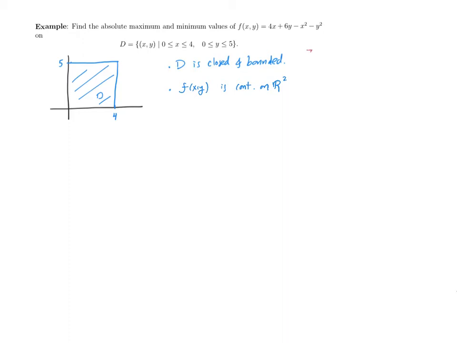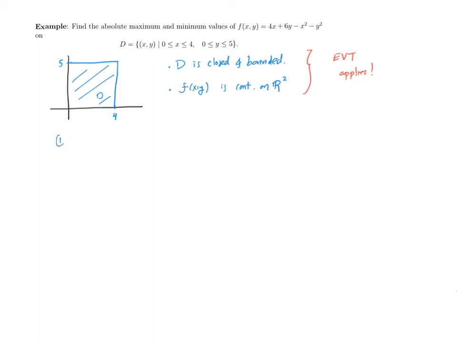And the fact that D is closed and bounded and f is continuous implies that the hypotheses of the extreme value theorem are satisfied and we are able to apply it. So if we go back to our procedure on the previous page, in order to apply the extreme value theorem, we are going to make a list of possible values to play the role of the absolute maximum and absolute minimum values. And from that list, we will pick the largest and the smallest.